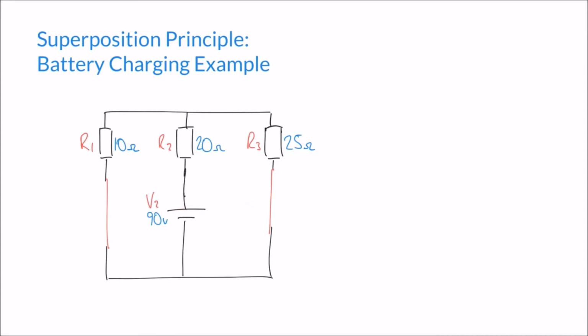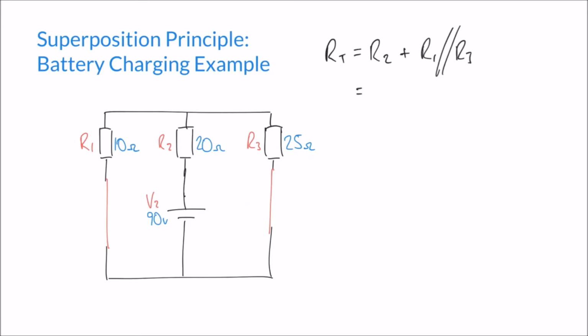We're going to do the same thing again, in that we're going to calculate the total resistance for this particular circuit starting at the power supply. So looking at this particular circuit now, we start at V2, we go through R2, the 20 ohm resistor, and then we split. We can either go through R1 or we can go through R3. And so our total resistance in this case, RT, is going to be R2 plus R1 in parallel with R3.